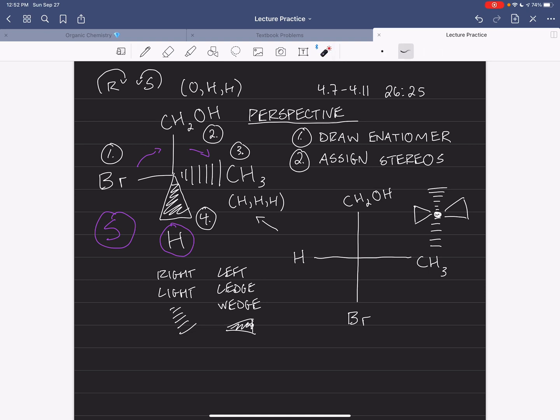So right is light, CH3, left, ledge, wedge, which is going to put this wedge on the left. And this was already drawn this way, but remember, like an antenna, this dotted line is going to go above the wedge. Okay, so cool.